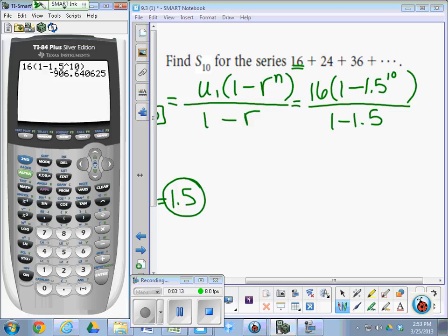Good? Divided by, ready? Divided by, what is 1 minus 1.5? Negative 0.5. I didn't divide. Sorry.